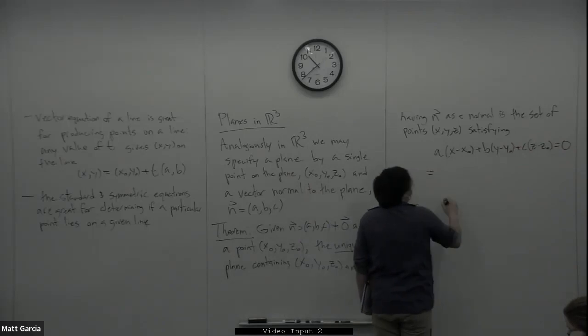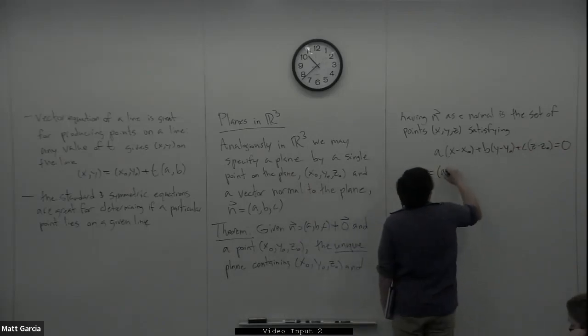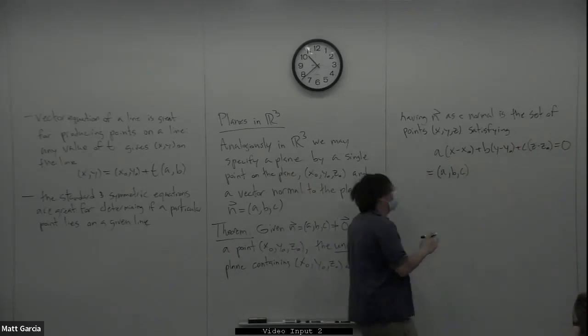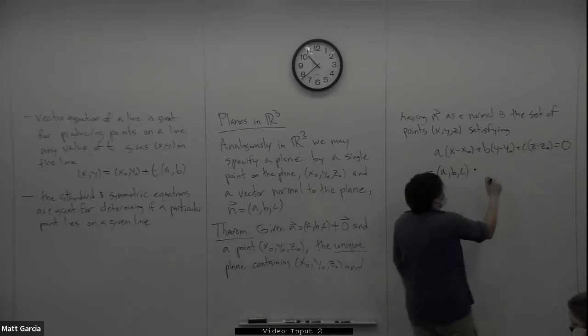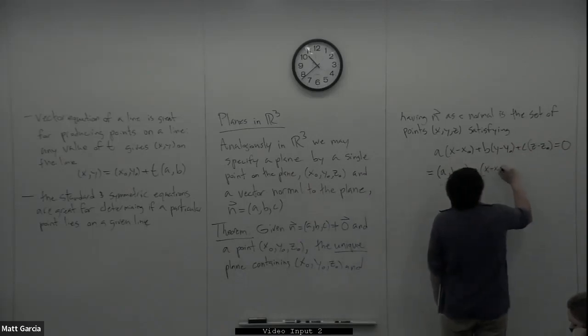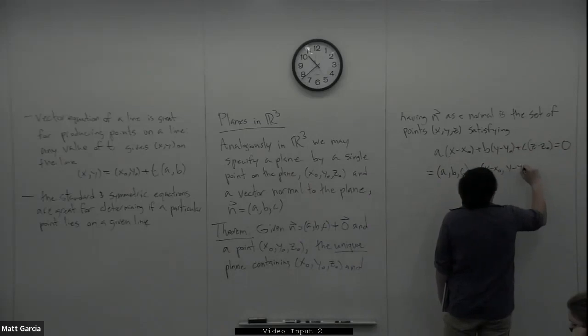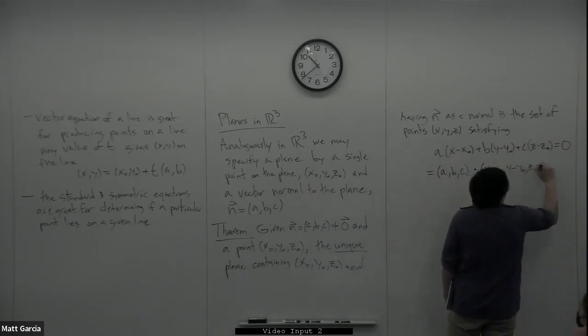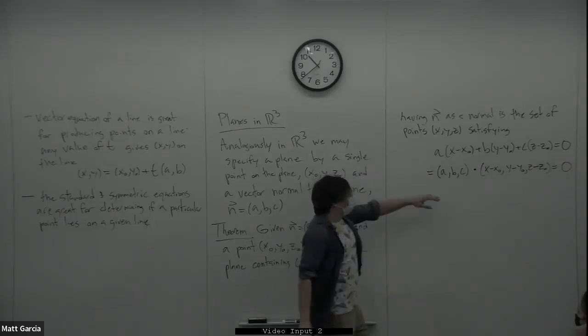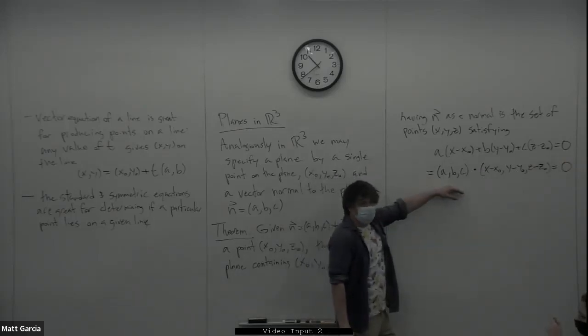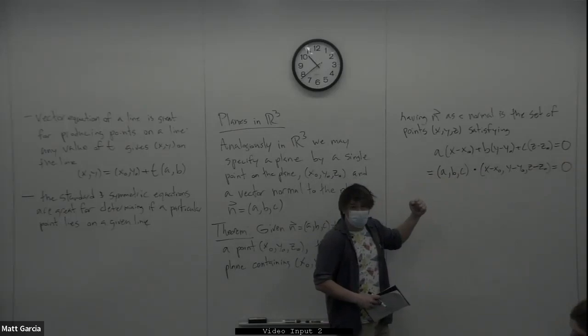Or if you like, again, something that will become second nature to you in no time at all, I promise, you can factor this as a dot product, again reiterating the fact that this vector n is normal to the plane that we're specifying.